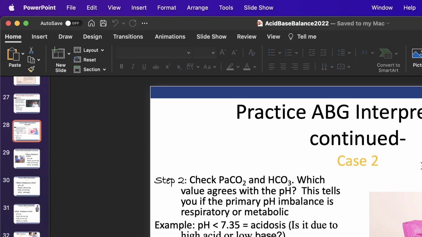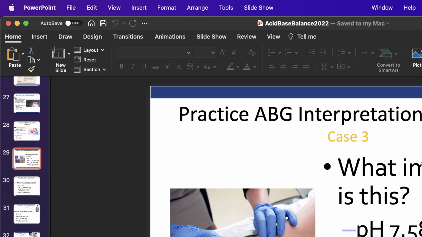PaO2 is 75, so mild. And then our bicarb is 50. B. So what follows in the same direction? So it's a metabolic alkalosis.